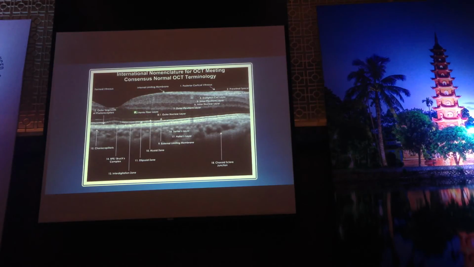That's why the fiber of the Henle layer is not highly reflective. Normally fibers are highly reflective, but the way it's oriented here causes it to be low reflective. However, I'm going to show you later on, the Henle fibrous layer can be highly reflective as well if you tilt the eye.